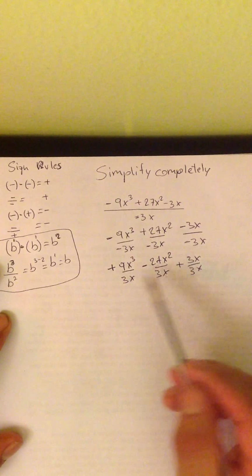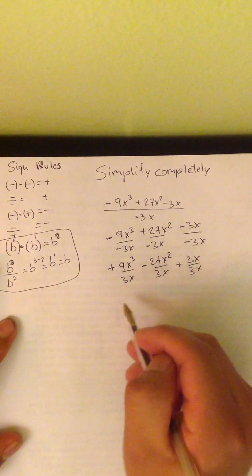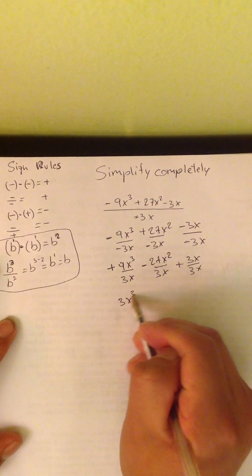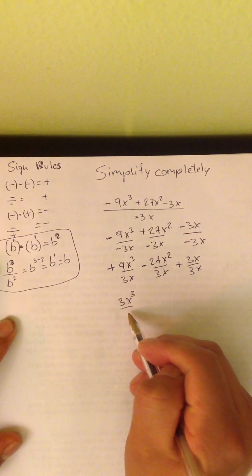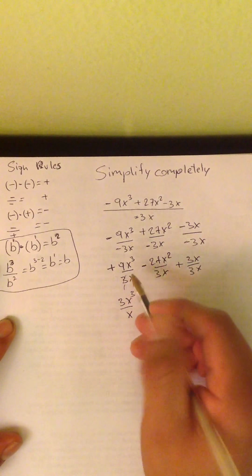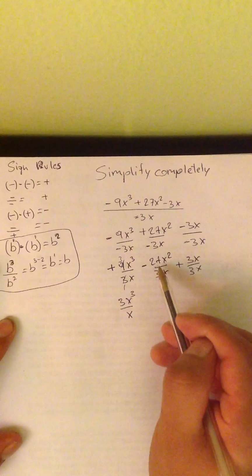Okay, now let's do the numbers. Let's simplify the numbers. When 9 is divided by 3, it's just 3. 3x to the cube over x, right? This is 3. Okay, so same thing.